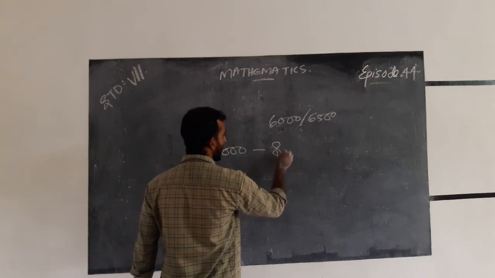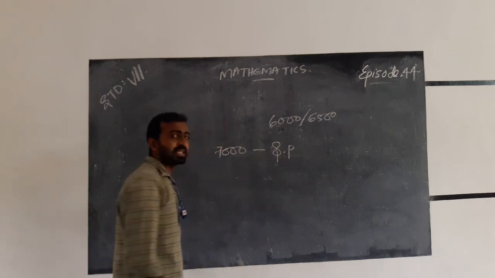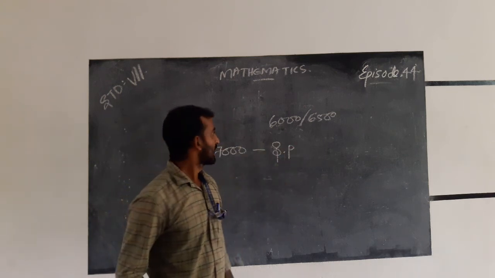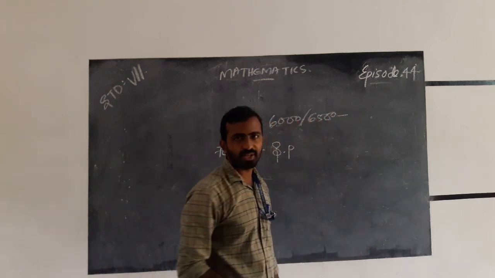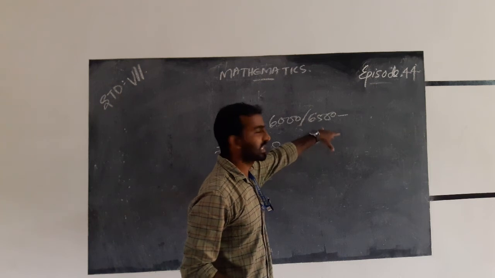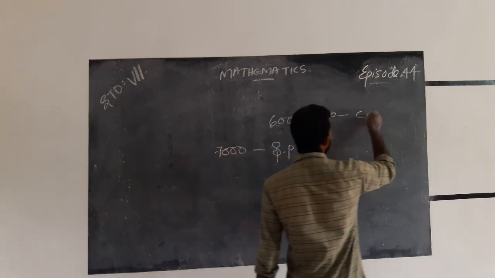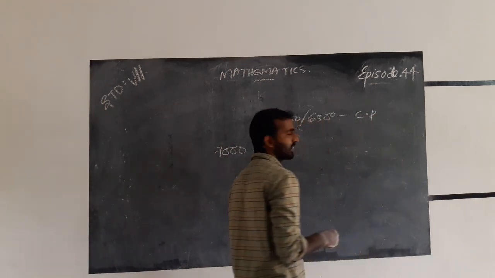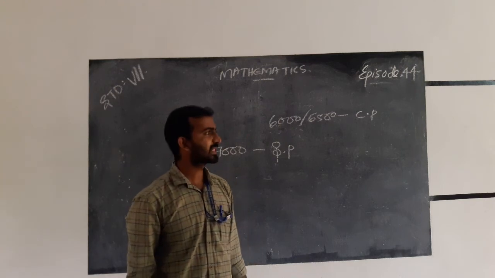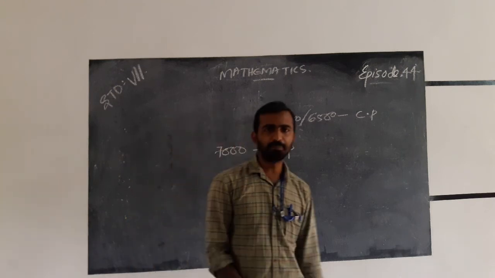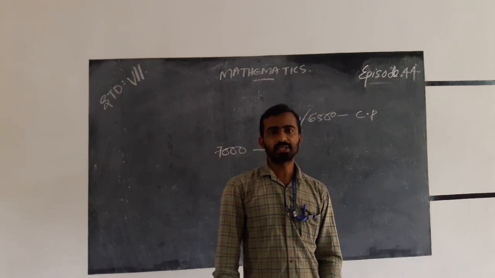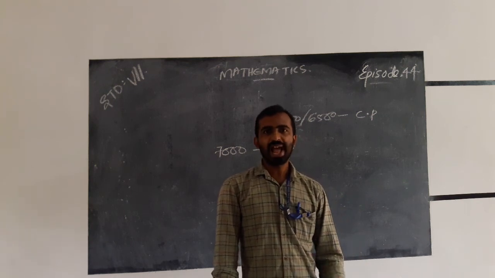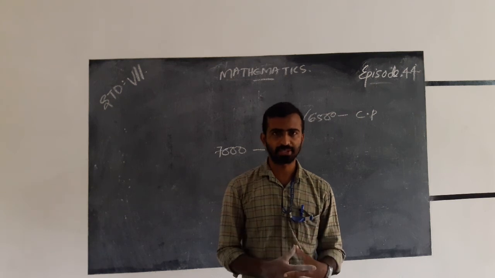We denote it as SP. The 6,000 or 6,500 is known as the cost price, denoted as CP. The selling price is the rate the shopkeeper gives, and the cost price is the actual amount of that product.